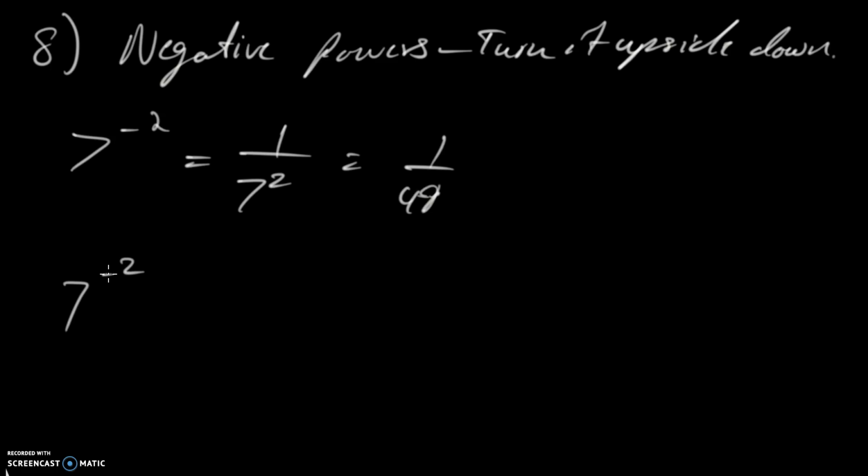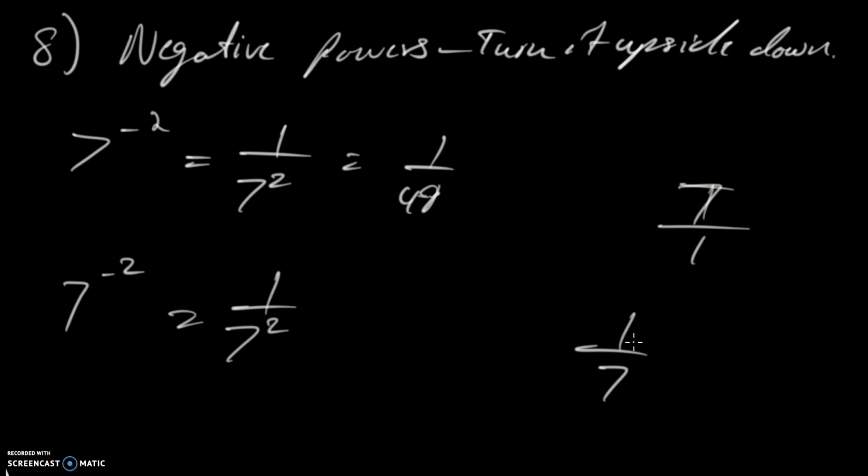To get rid of that negative power 2 and turn it into positive power 2, we flip it over. When you flip it over, because all numbers have a denominator of 1, you flip that over, so that would turn the power positive. So this would be 1 over 7 squared, which is 1 over 49.